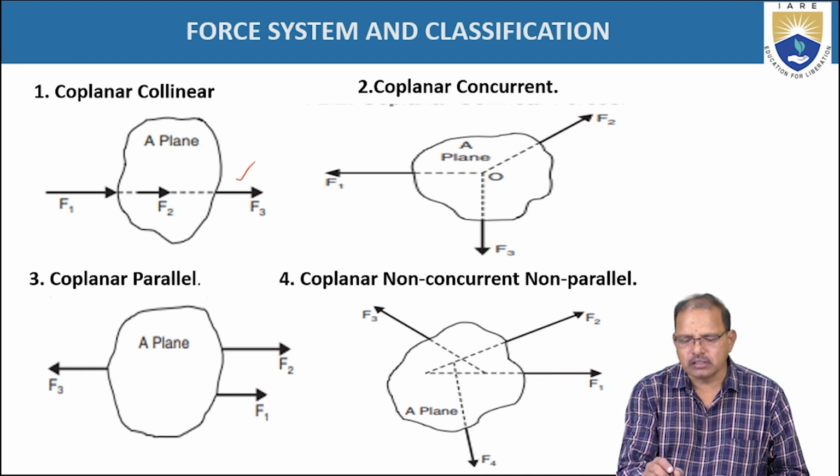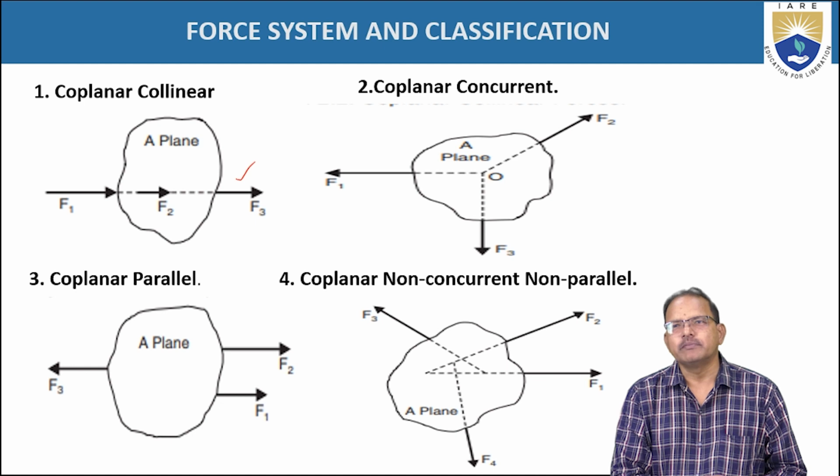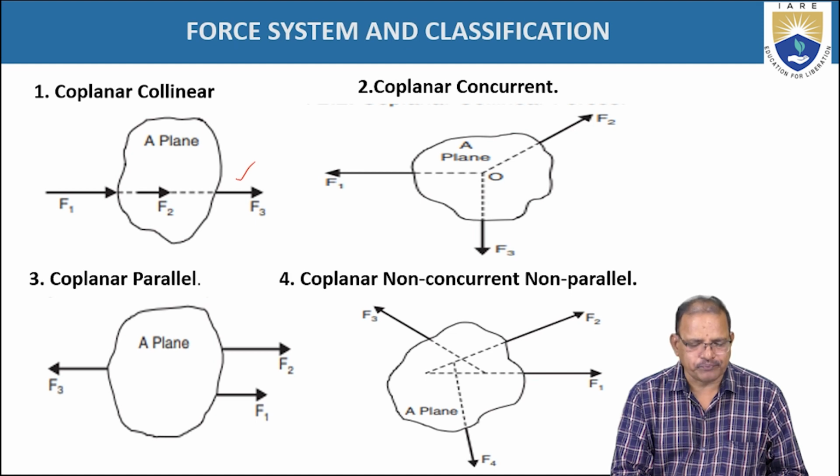The second case: F1, F2, F3, whose lines of action pass through a point O as shown in the figure. This force system is called a coplanar concurrent force system. In this case, sometimes if required, extend the lines of action of the forces to meet at a point.